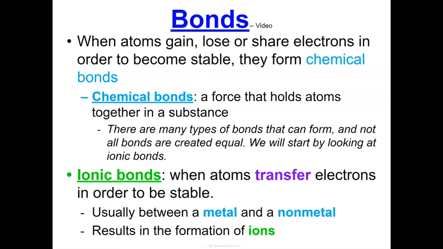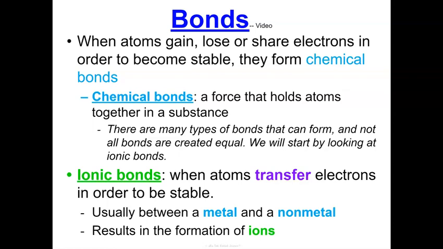So when atoms gain, lose, or share electrons in order to become stable, they form chemical bonds. And a chemical bond is a force that holds atoms together in a substance. Now, there are 2 kinds of chemical bonds that we're going to talk about.